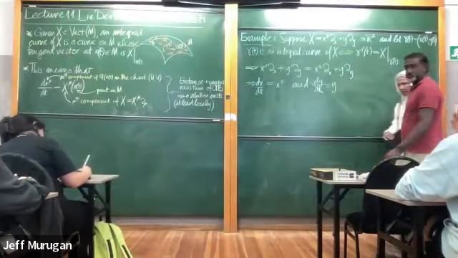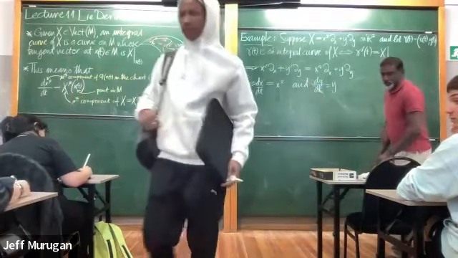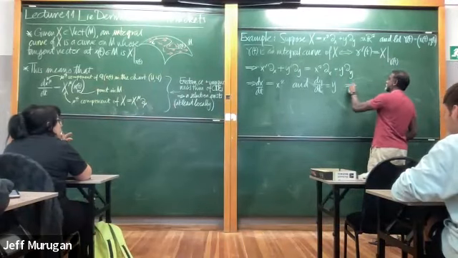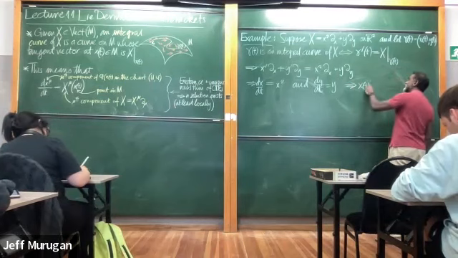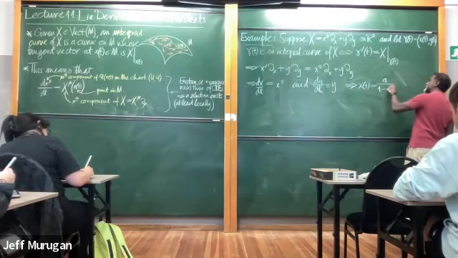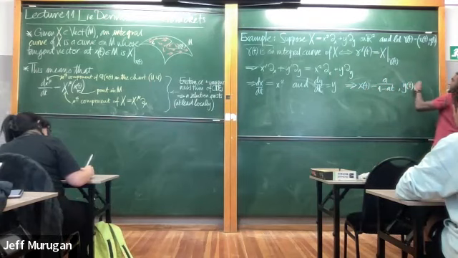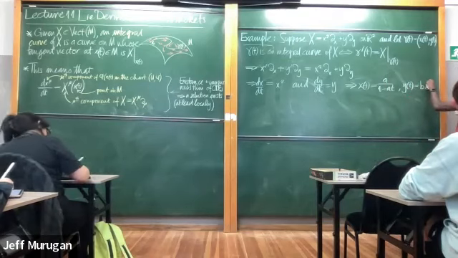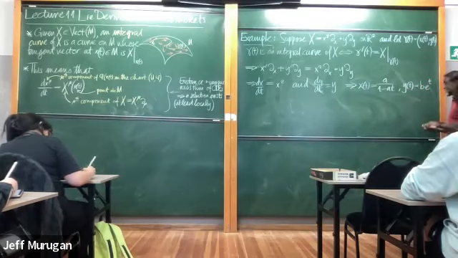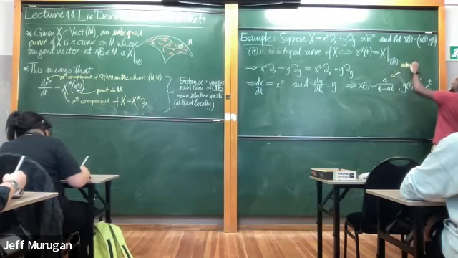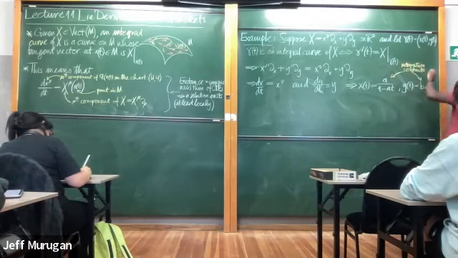This is just a system of ordinary differential equations, and the solution is that x(t) is 1 over, let's say, a over 1 minus a t, and y(t) is b e to the t, where a and b are integration constants.